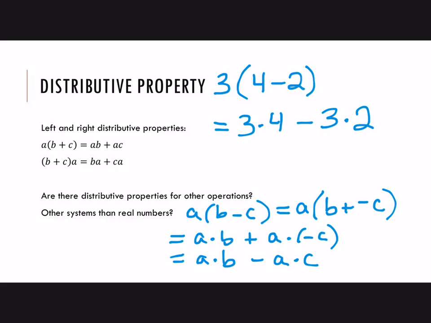So on the left, we have this expression with subtraction, and then I've shown that that's the same as this distributed expression with subtraction. So we can go ahead and just assume that it now works for all examples with a subtraction sign in the middle.